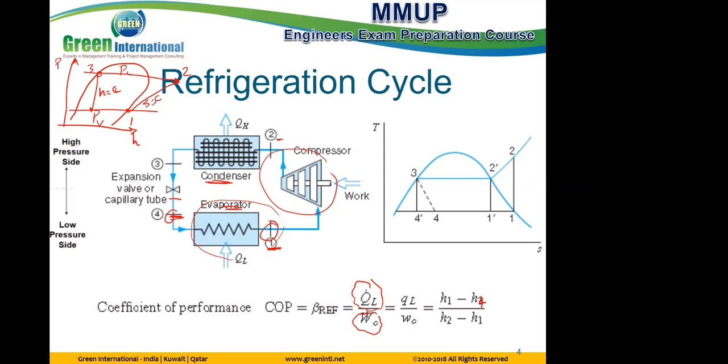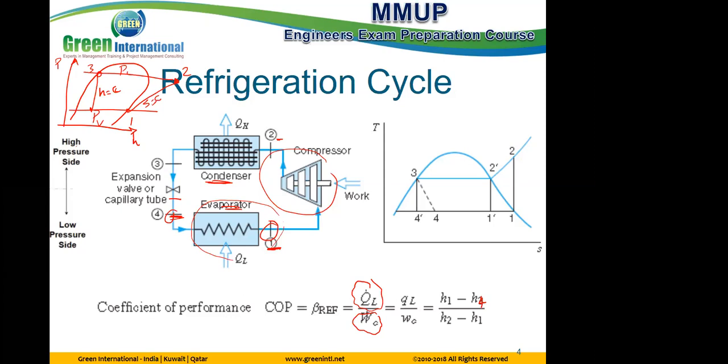Same like steam power plant and Carnot cycle, the Carnot cycle or refrigeration cycle is ideal. This is the maximum efficiency you can obtain.